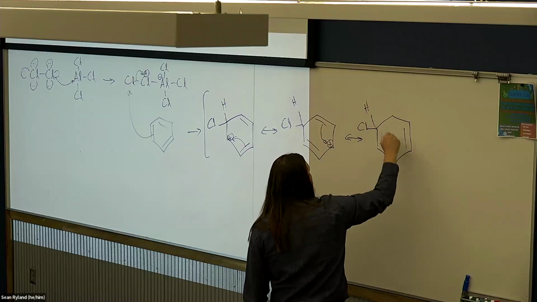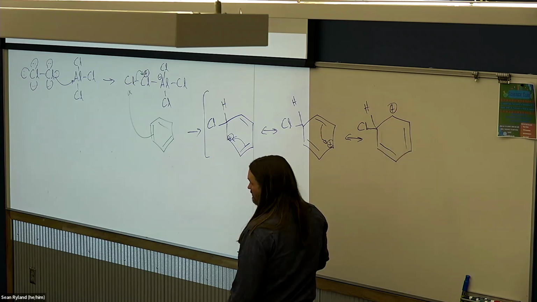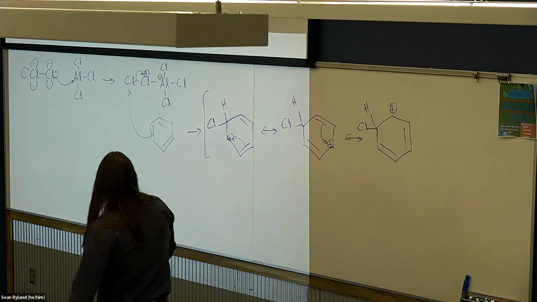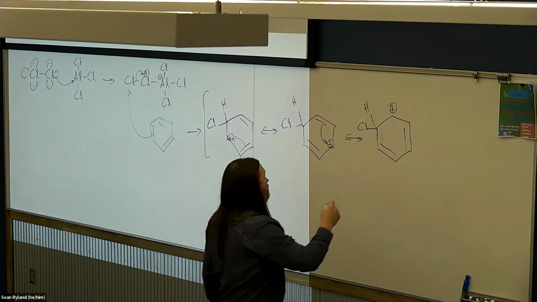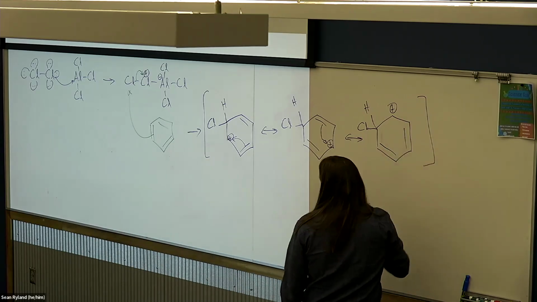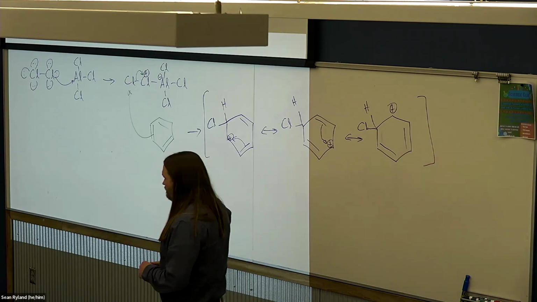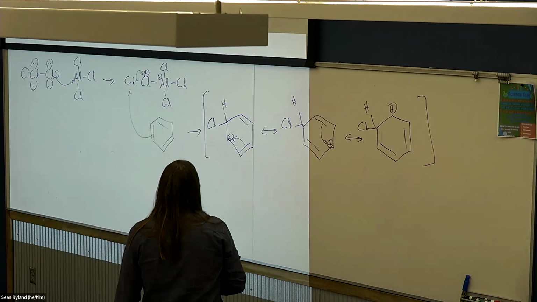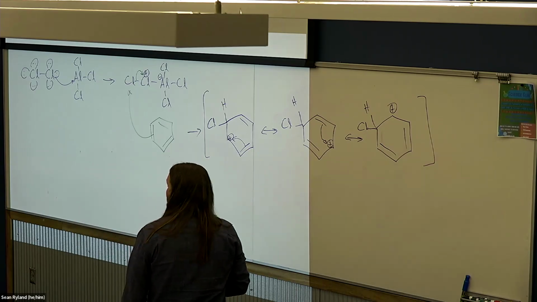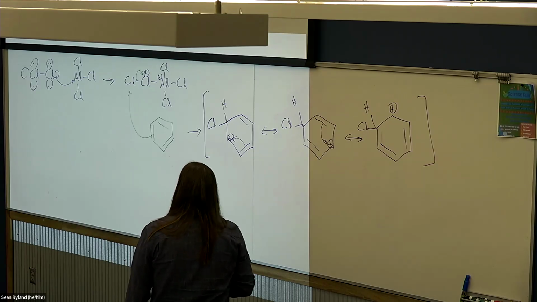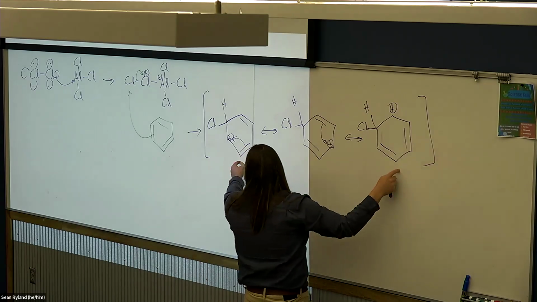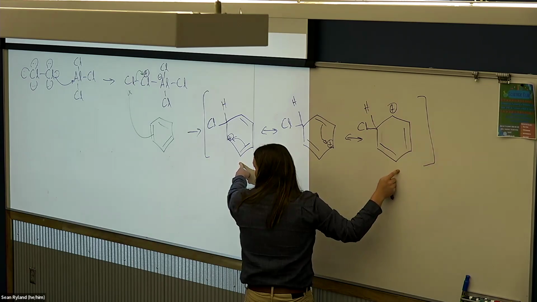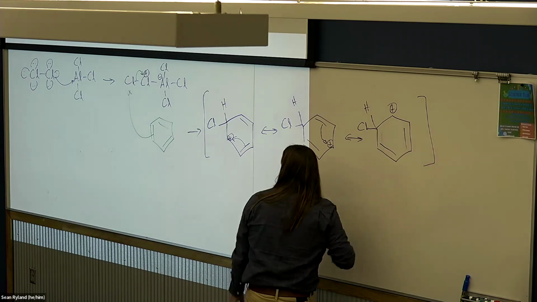Which means our last one is going to look like this. And it doesn't matter which one, you can pick either of the two on the ends for our next step. Okay.